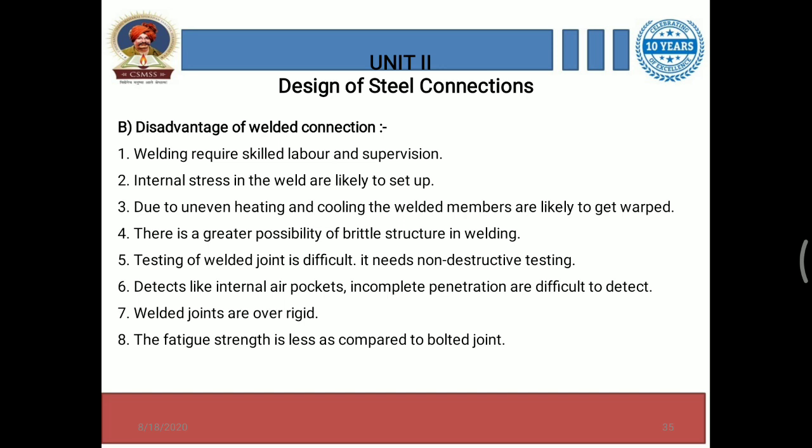This is again a main disadvantage of the welding process. Welded joints are over rigid. That means once we get the welding, that member is an over rigid member. It means we cannot adjust or fold that member.